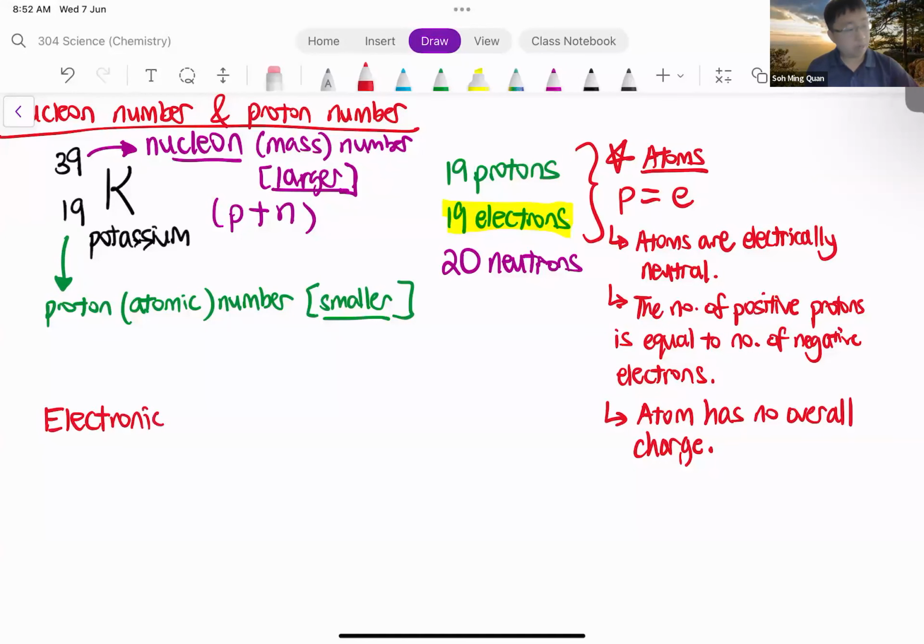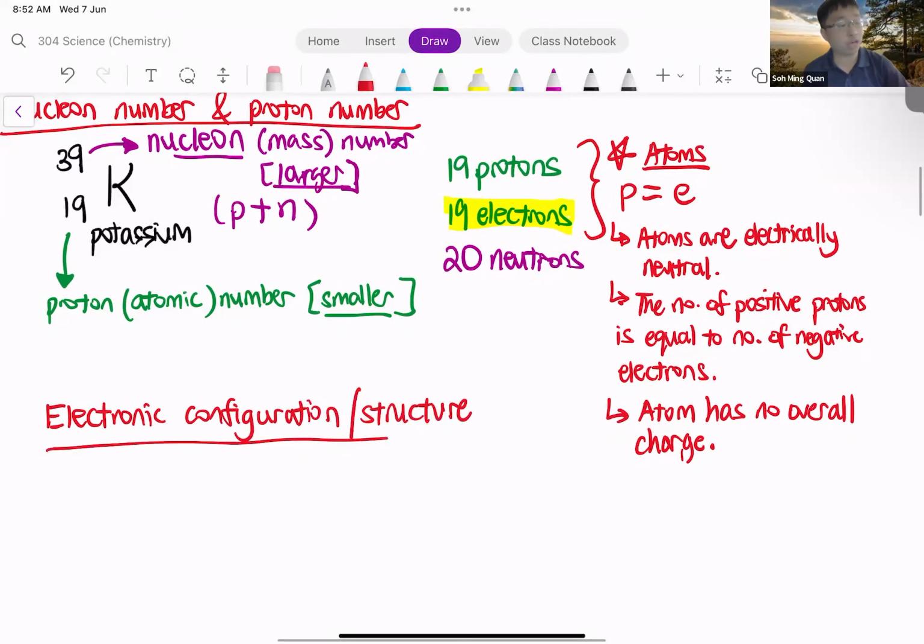Now we're going to move on to talk about electrons. So we know potassium has 19 electrons. So how are the electrons going to be located and arranged into shells? Can all 19 fit into one single shell of electrons? If you remember, obviously, there are rules.